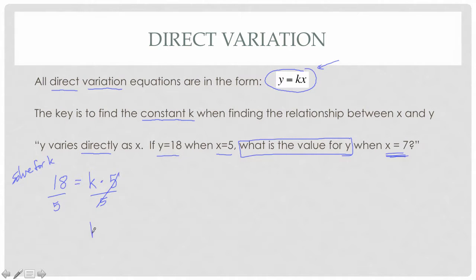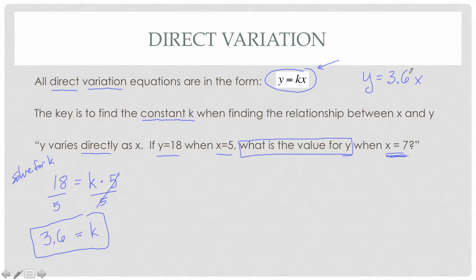And we can see that k, my constant, has to equal 5 goes in 18 3 times, with the remainder of 3/5, which is the same as 3.6. So k equals 3.6. There's my constant of variation. So this direct variation equation then is y equals 3.6 times whatever x is. That's my direct variation relationship or my equation.